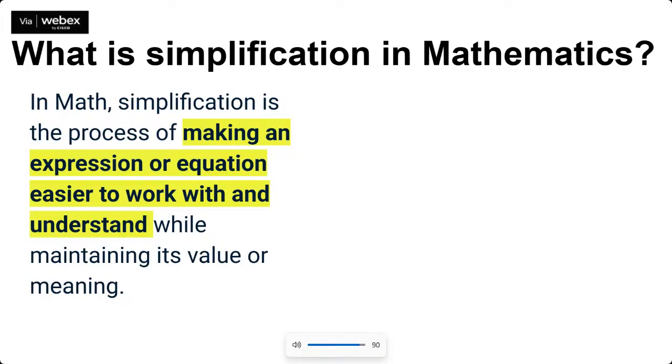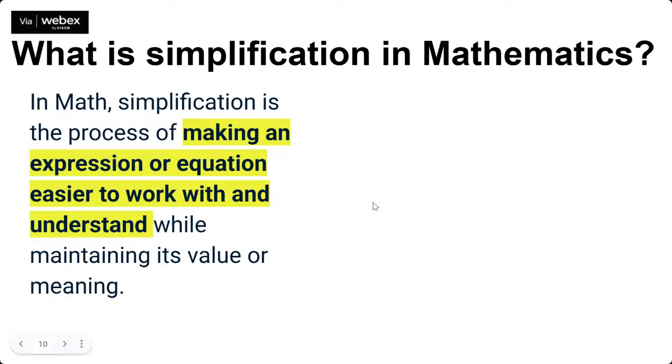In math, simplification is a process of making an expression or equation easier to work with or understand while maintaining its value or meaning. Can everybody see this whole paragraph? Let me know if I have something in the way here. Thank you, Isabel, for reading that so beautifully.